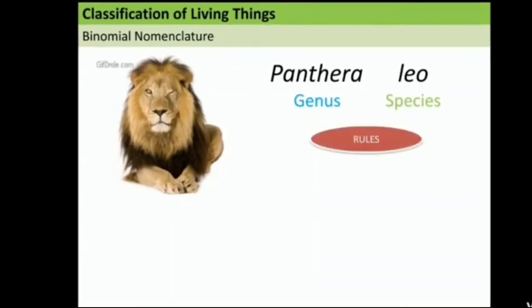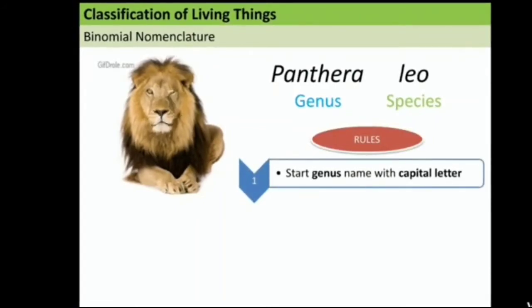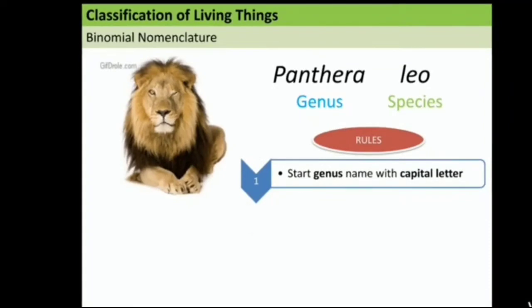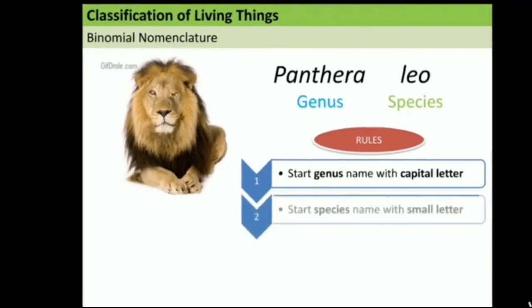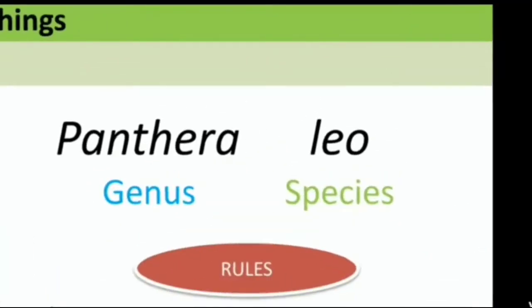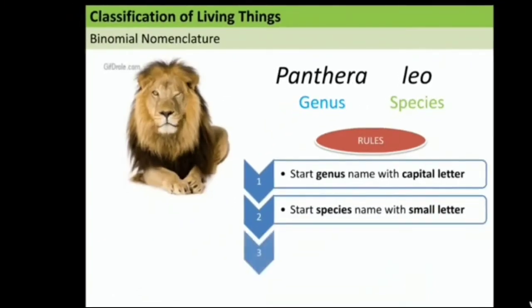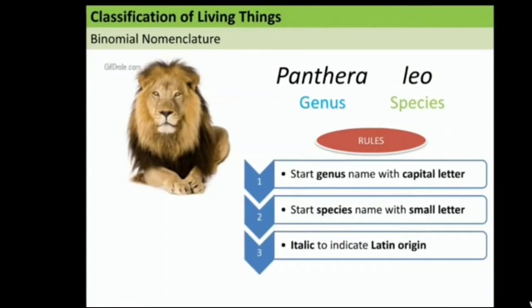So, the rules of binomial nomenclature: the first rule is to start the genus name with a capital letter. Look at the genus name, it starts with a capital letter. The second is to start the species name with a small letter. The second word is leo, it is the species and it starts with a small letter. Third is italic to indicate Latin origin.